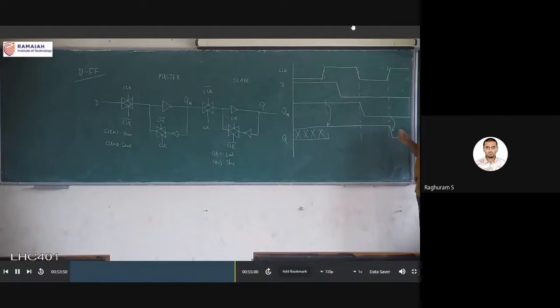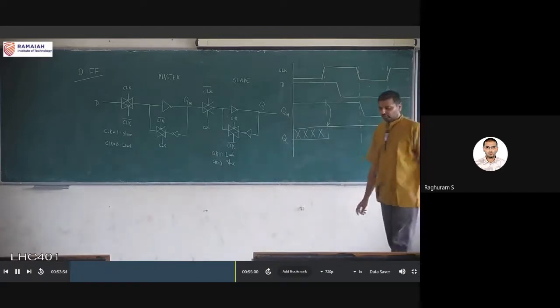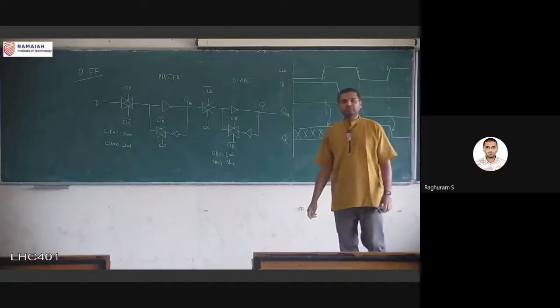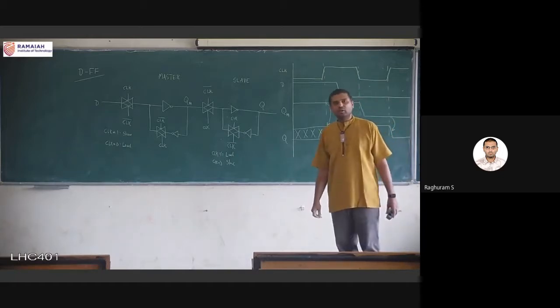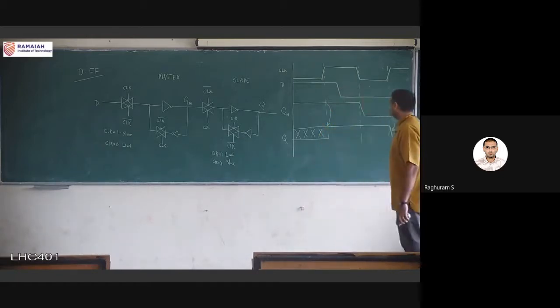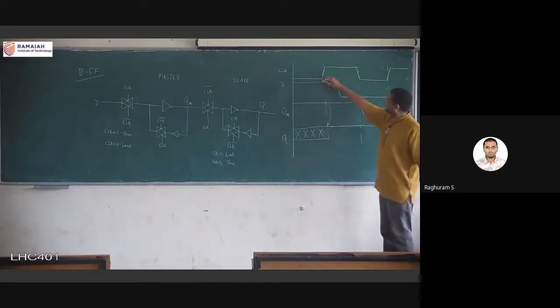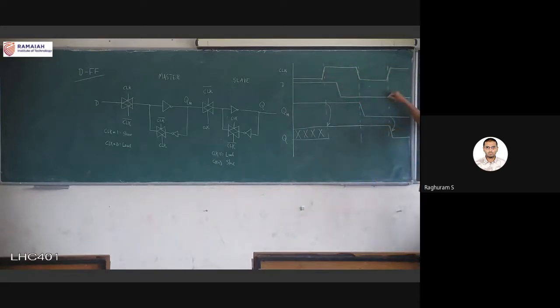So from this analysis, we have the waveform. From the waveform, now can we decide whether it is positive edge triggered or negative edge triggered? It is a positive edge triggered flip flop, because whatever data is there at the positive edge of the clock cycle, we don't care about QM.